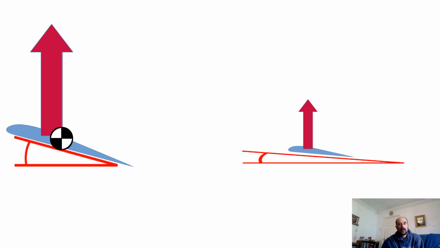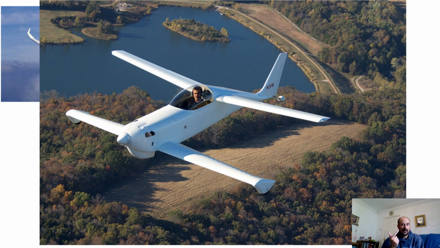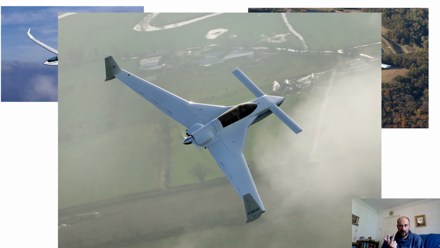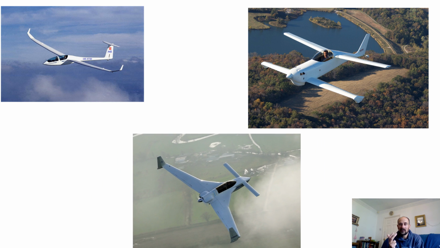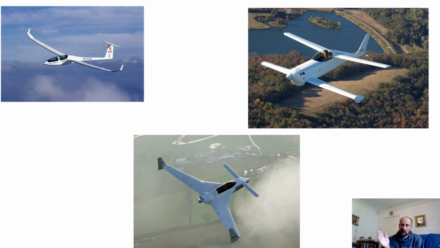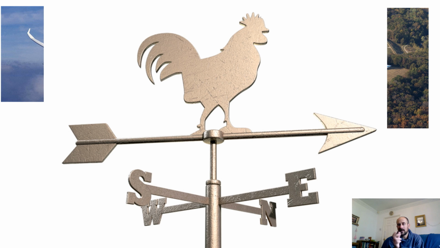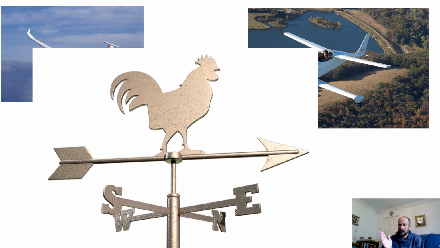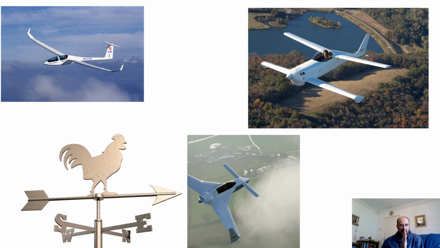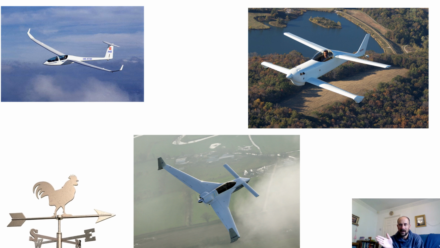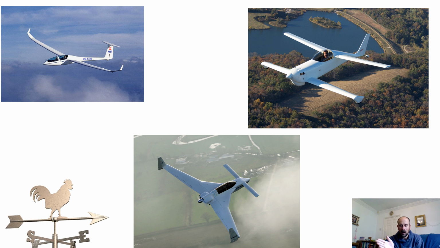So for all three of those cases, the conventional, the tandem wing and the canard design, they all achieve stability in the same way. The centre of gravity has to be far enough forwards to make it stable. So if you go back to that weathercock analogy, that's like the pivot point on the weathercock has to be far enough forwards. It needs to have enough area behind it to keep it aligned.